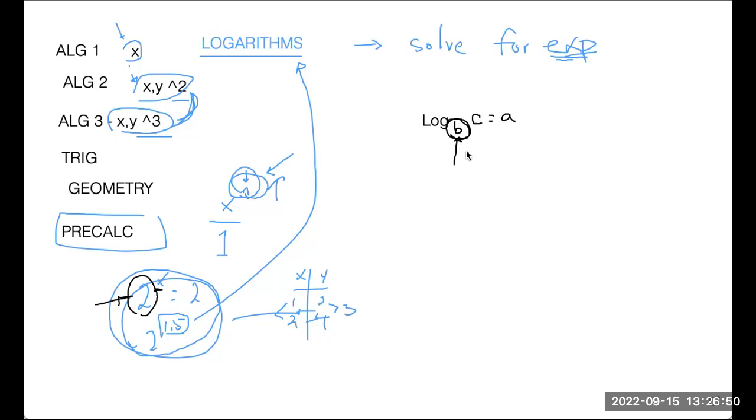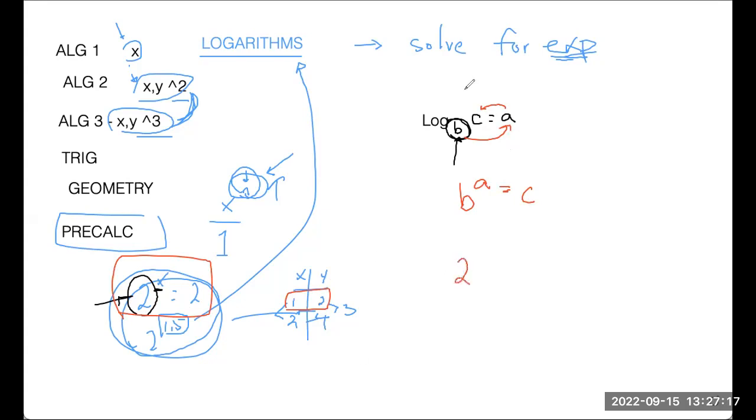So when you see this logarithm, it's going to be b to the power of a. It's not b to the power of c, right? That'd be too easy. We're not doing that. It would be b to the power of a. So b to the power of a is equal to c, okay? So how would this look? Well, if we're taking this equation right here, let's say we're taking this one.